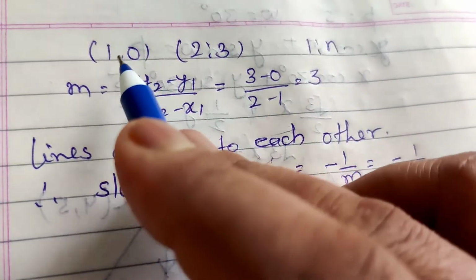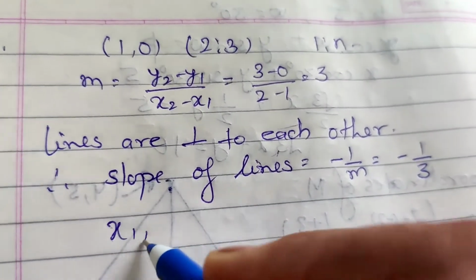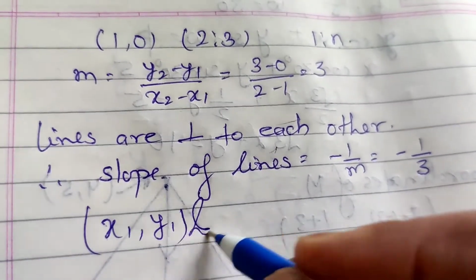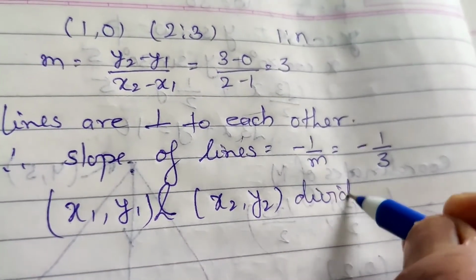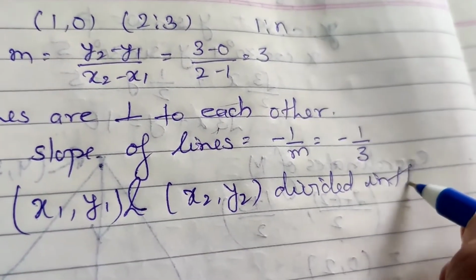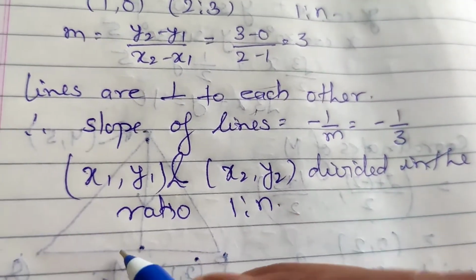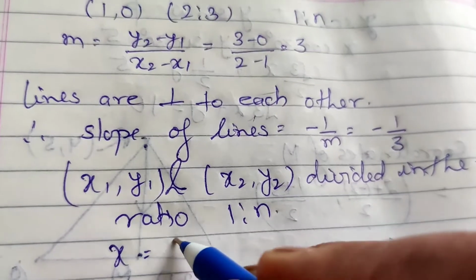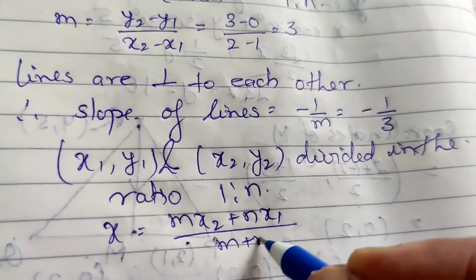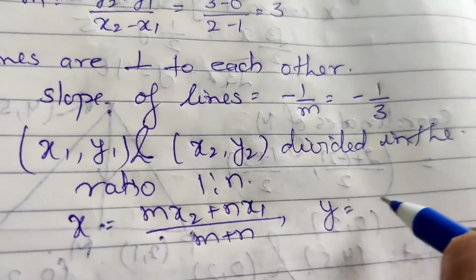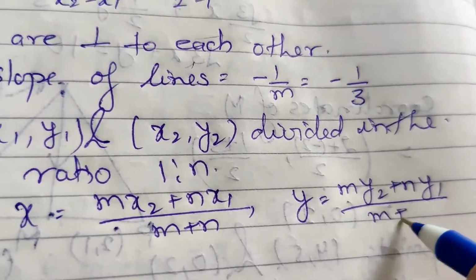Now we know the point divides the segment in the ratio 1:n. For points (x1, y1) and (x2, y2) divided in the ratio m:n, the formula is x equals (m x2 plus n x1) upon (m plus n), and the second coordinate y equals (m y2 plus n y1) upon (m plus n).